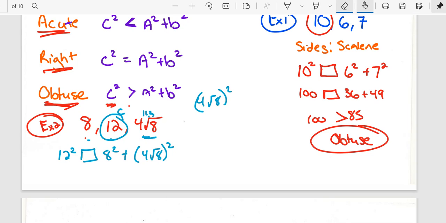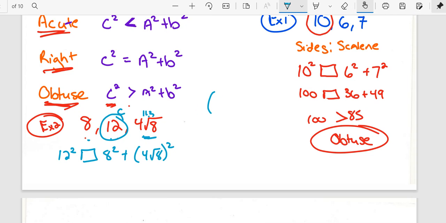You don't want to be using these decimals, because the decimals don't seem like a big deal with some things, but with these, if it's not exactly equal when it's supposed to be, we won't know it's right. You could end up with something like 11.8 and then 12 when they really should have been equal. But because of using an approximation, it's not going to come out equal. So you want to use exact values.